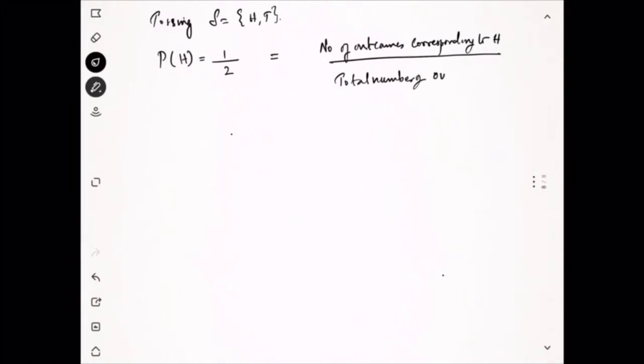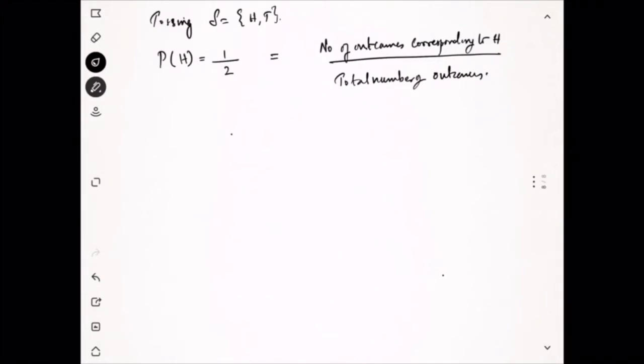You can represent it as the number of outcomes corresponding to H divided by the total number of outcomes. This is one of the simple definitions. However, this definition still has some issues, which we will discuss later.